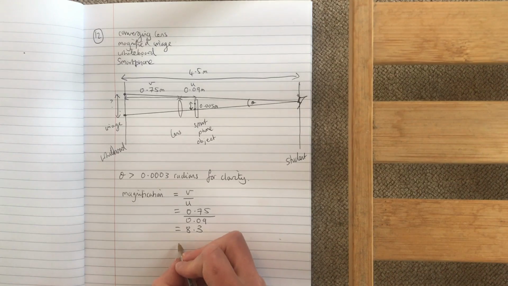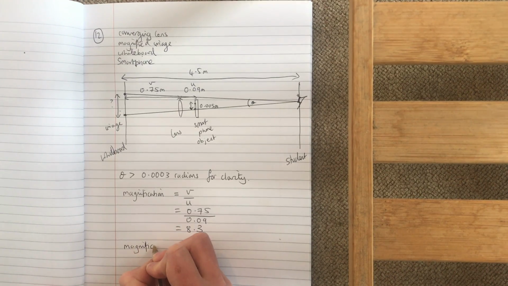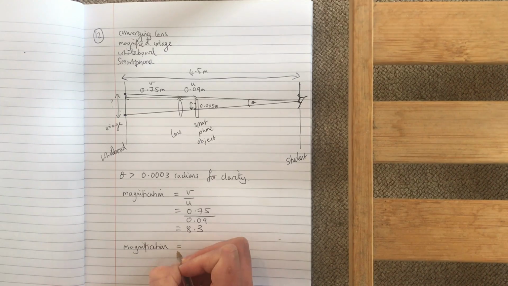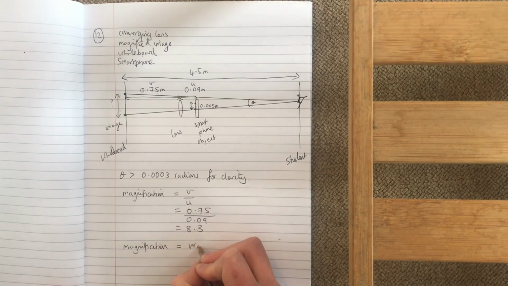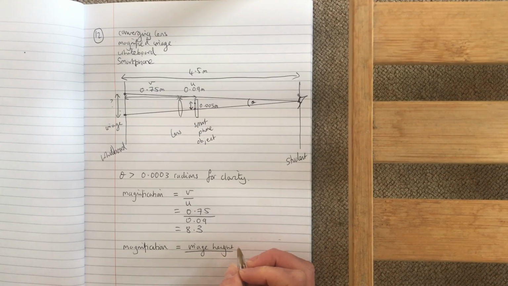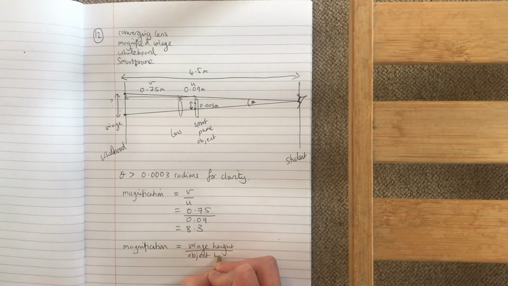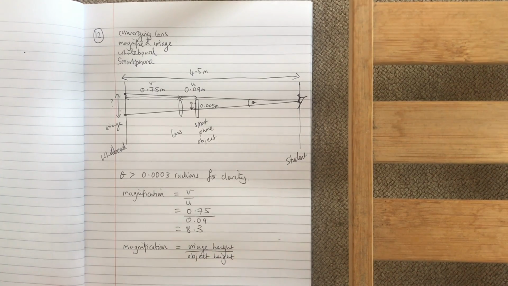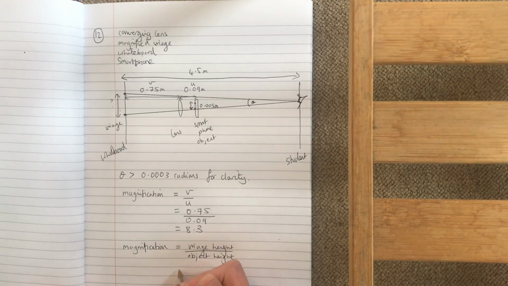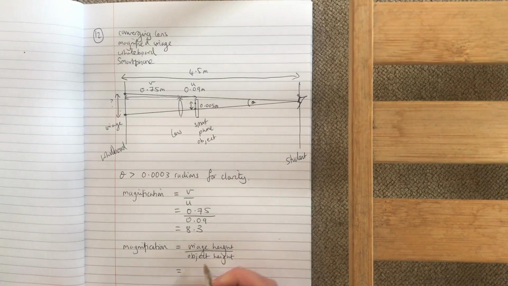Now I'm going to use the formula that the magnification is equal to the image height divided by the object height, and I know that the object height is 0.005.